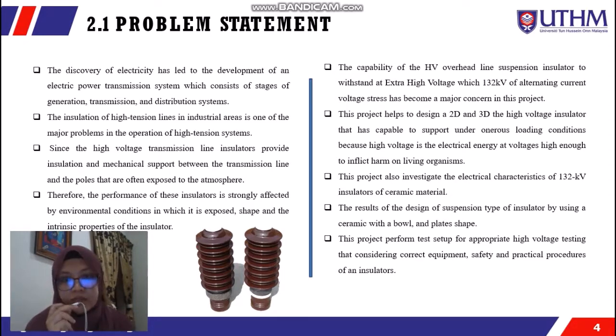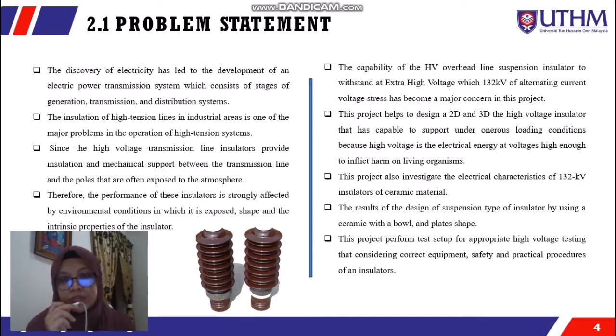The capability of the high voltage overhead line suspension insulator to withstand an extra high voltage, which is 132 kV of alternating current voltage stress, has become a major concern in this project.